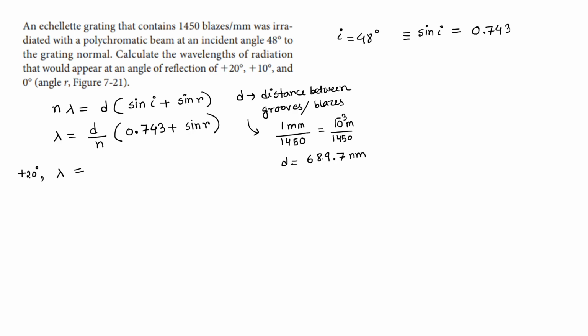This is the distance between each groups. So I'll write it here. Instead of 689.7 nanometer, I will write divided by the order of the diffraction, then 0.743. And what about sine R? If sine is 20 degree, 0.342.